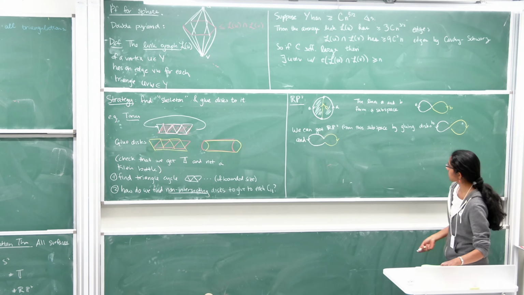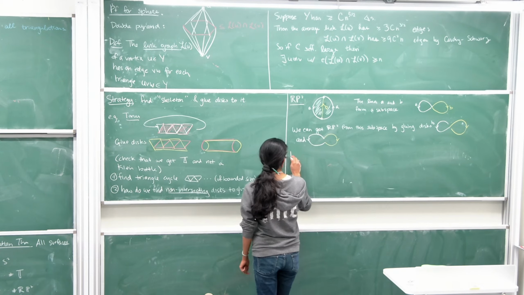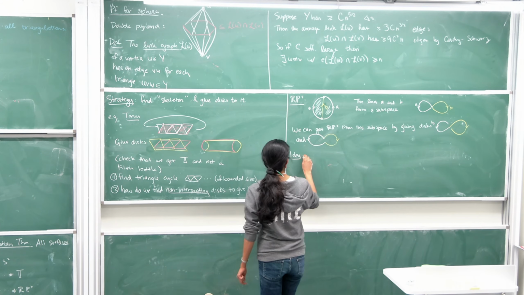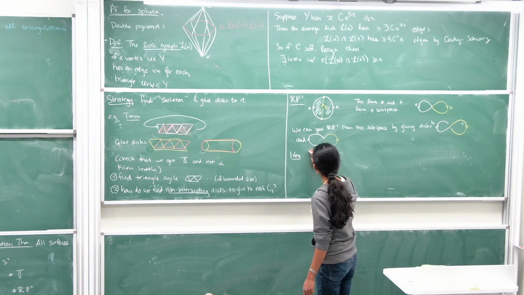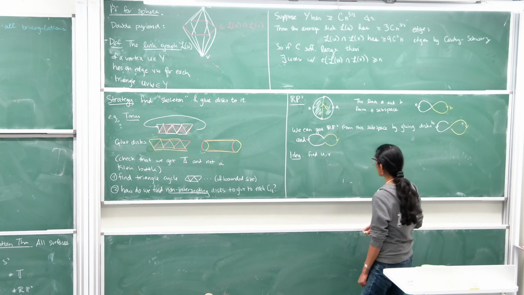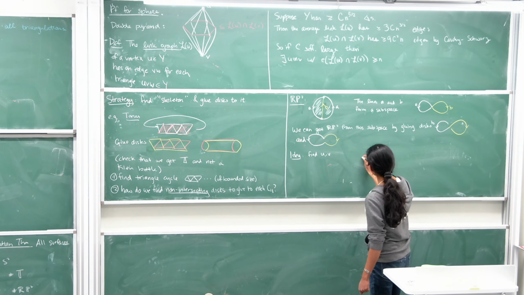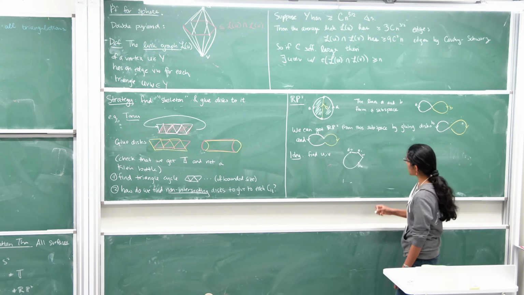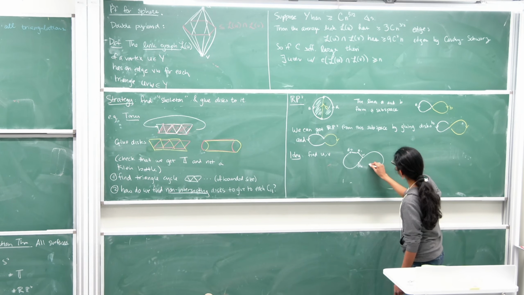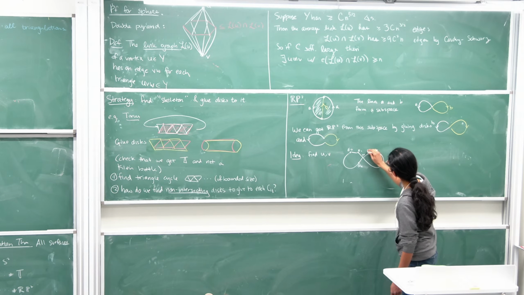So the first naive idea is let's do a double pyramid-like thing. Find U and V, and we'll find this cycle. Let's call this W, A1, A2, AK. So we'll find two cycles. Let's call this B1, B2, all the way to BL.